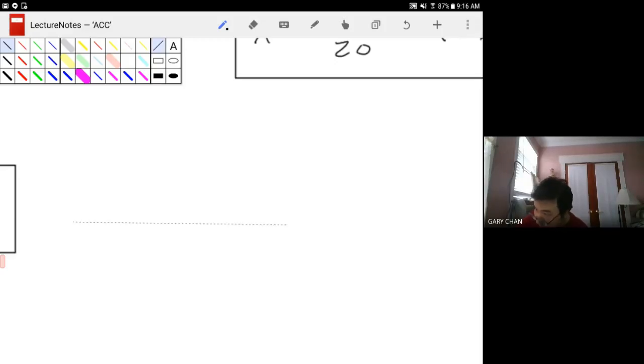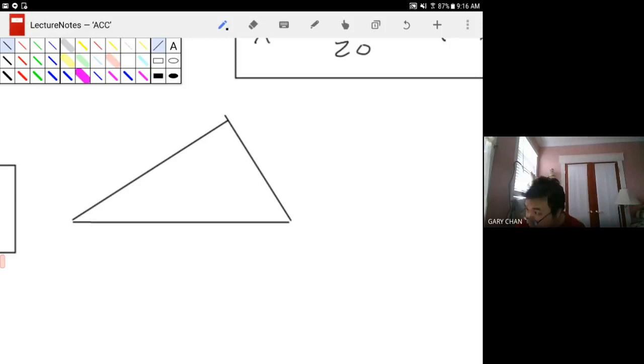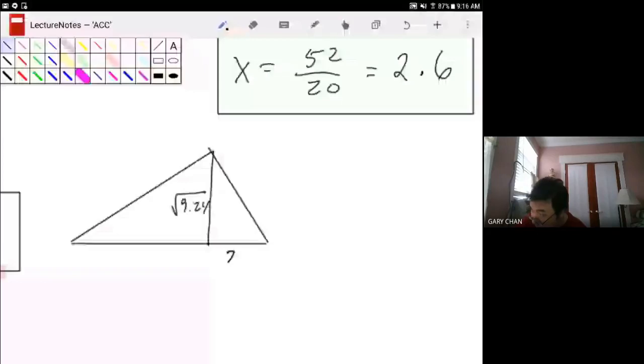So this is the situation right now, where this here is 2.6, and this guy right here is 7.4, because it's 10 minus 2.6. How can I figure out what A, B, or C is at this point?